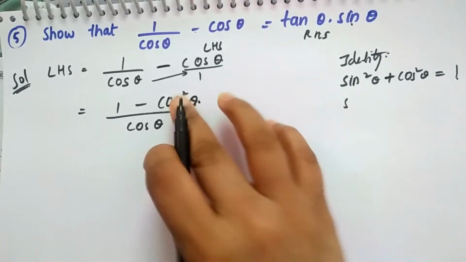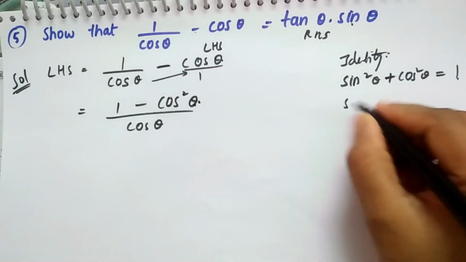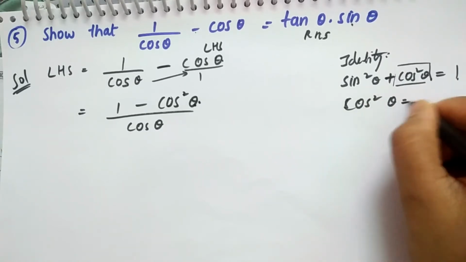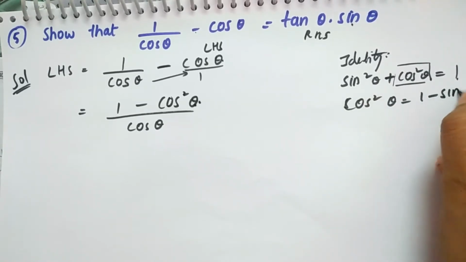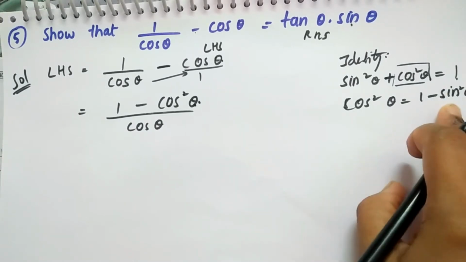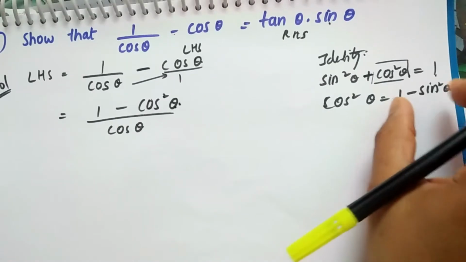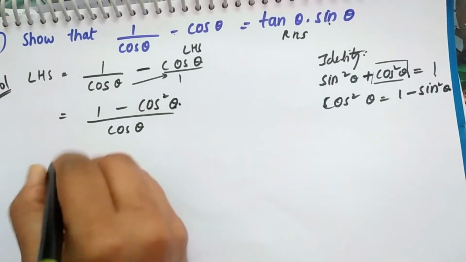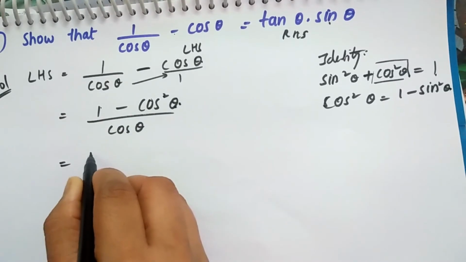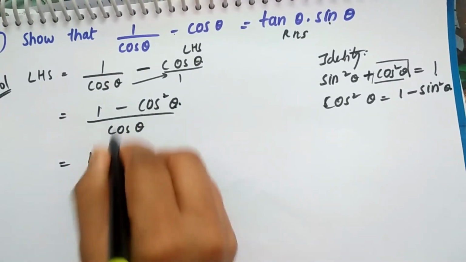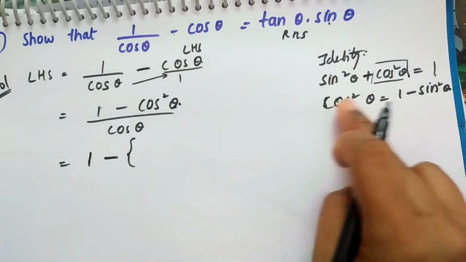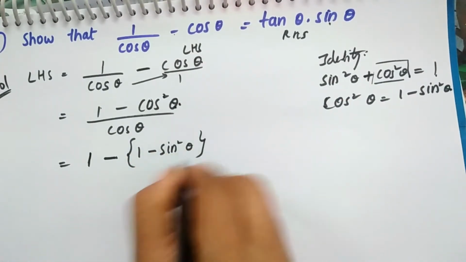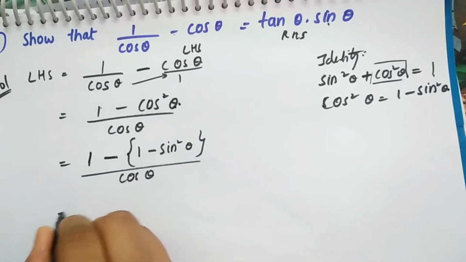So we will be changing this cos square theta value. Finding cos square theta from the identity, it equals 1 minus sine square theta, right? So we'll just replace cos square theta with 1 minus sine square theta. 1 as it is, minus, and instead of cos square theta we use 1 minus sine square theta, divided by cos theta.